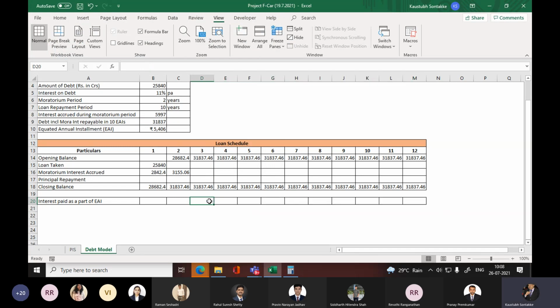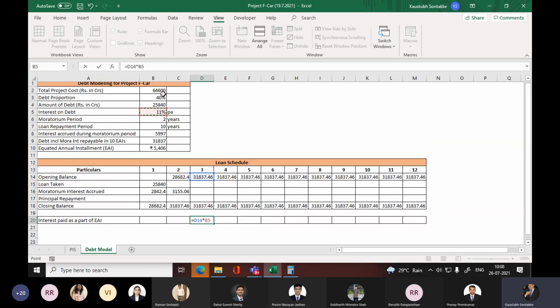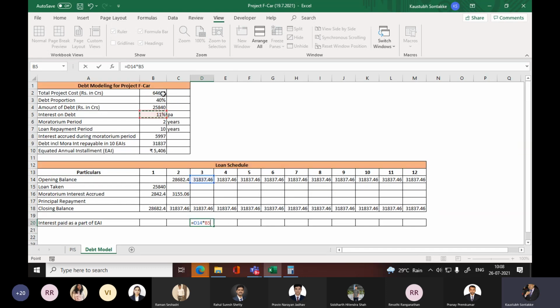Interest paid as a part of EAI, equated annual installments, you will say is equal to, you will take the opening balance of year 3 multiplied by 11%, which is my B5 in the above information. But this B5 11% must be fixed for all the years. So I freeze it by pressing function F4 or F4 and enter.